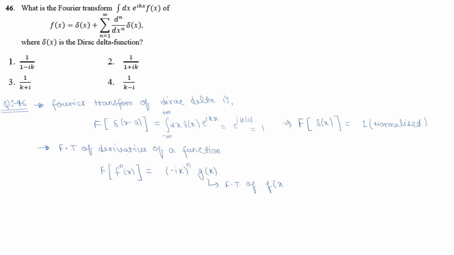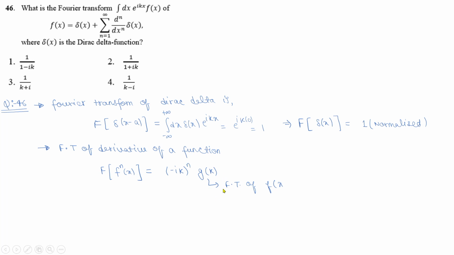Now we will use the property of Fourier transforms of the derivative of a function, which states that if we know the Fourier transform of a function, let's say f of x is the function and its Fourier transform is g of k, then the Fourier transform of the nth derivative of this will be given by minus iota k raised to power n times g of k.